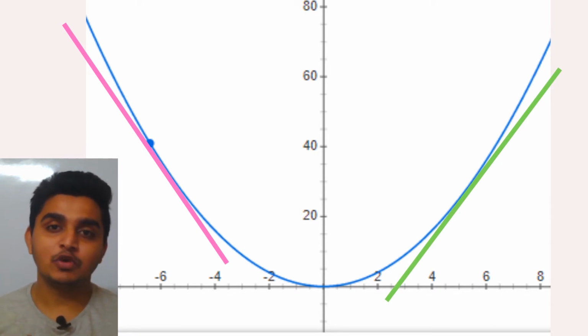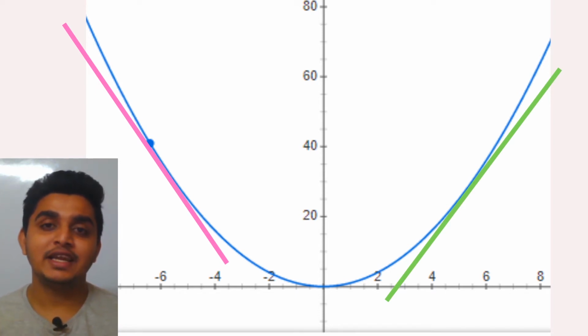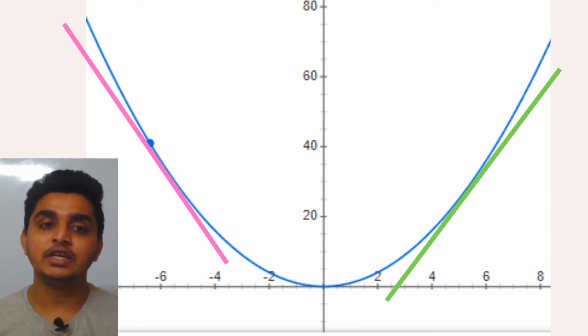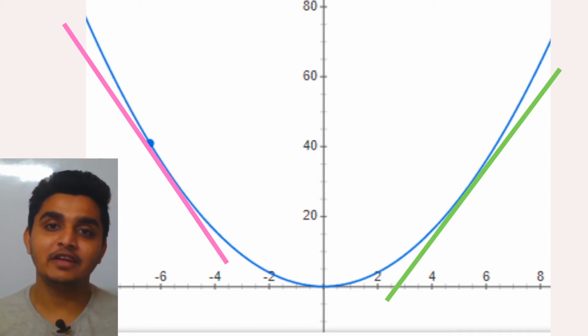Since we have sine as positive and cos as positive in the first quadrant, we can easily say that this green line, the tangent on the right side, is going to have tan theta, or the derivative of that graph on the right side, as positive. But on the left side, the pink tangent is going to have a negative slope.